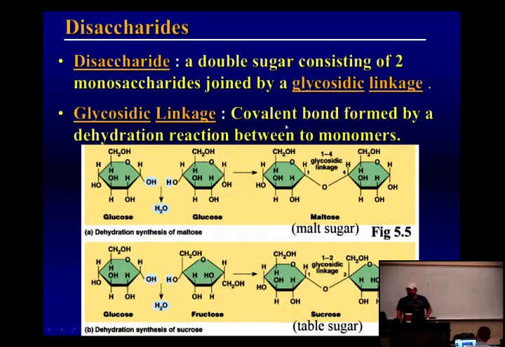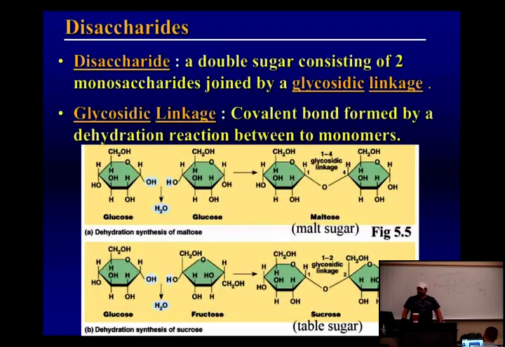Good. Is it a straight chain? What about amylopectin? What are the bonds in it? Alpha 1,4s. Is it straight chain or branched? Branched. What about glycogen? It's alpha 1,4 and alpha 1,6.